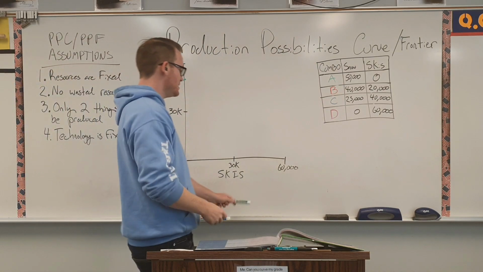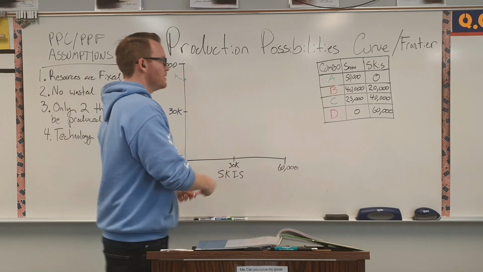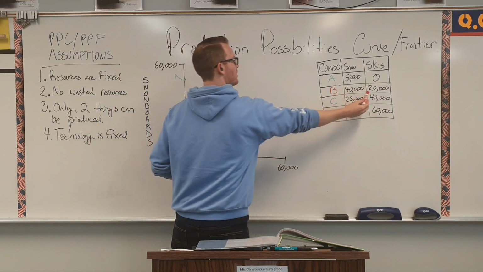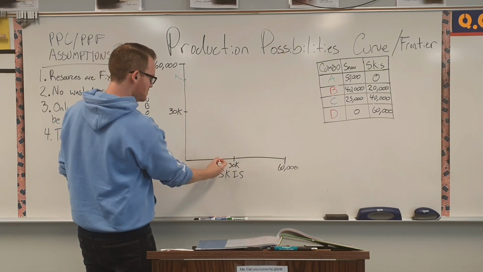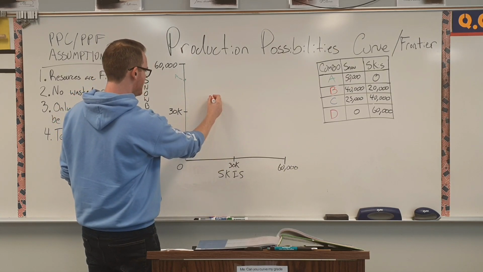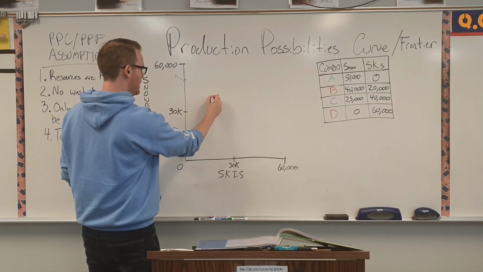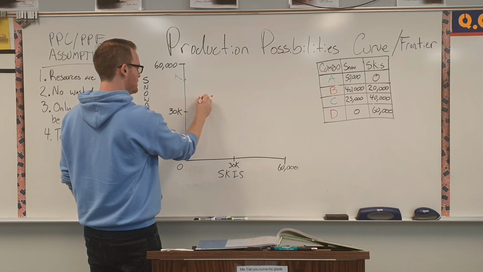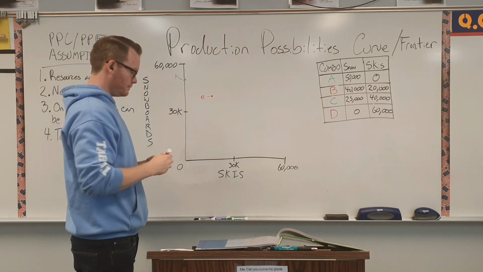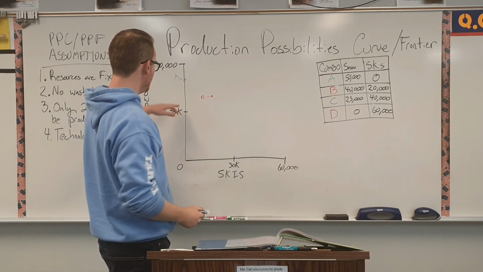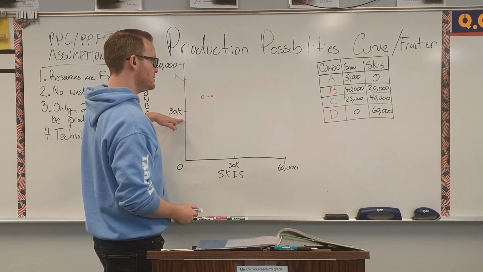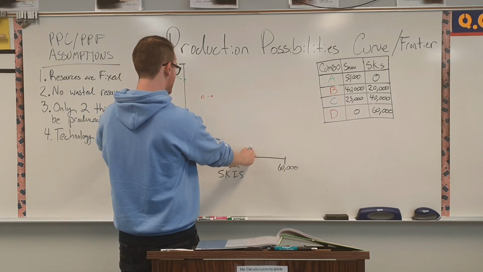Okay, now let's plot another point, 40,000 snowboards and 20,000 skis. So this would be 40,000 and maybe something like here, right? This would be point B. Well, then let's look at point C, 25,000 snowboards and 40,000 skis.